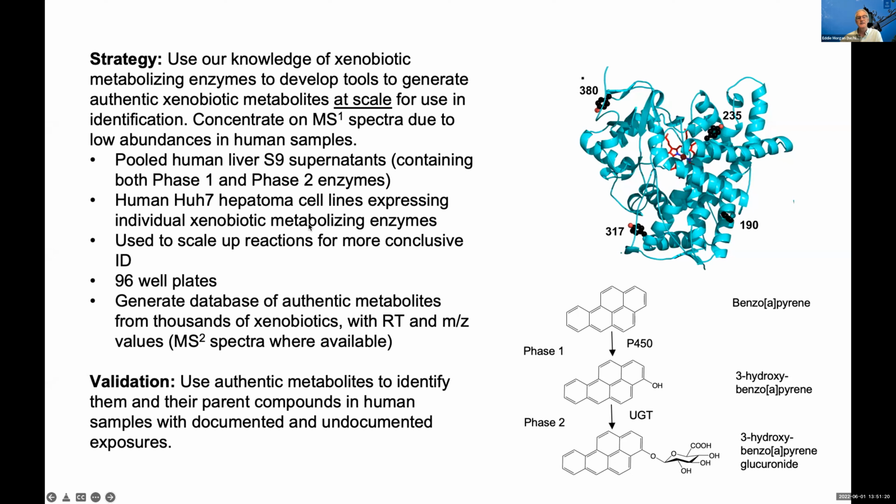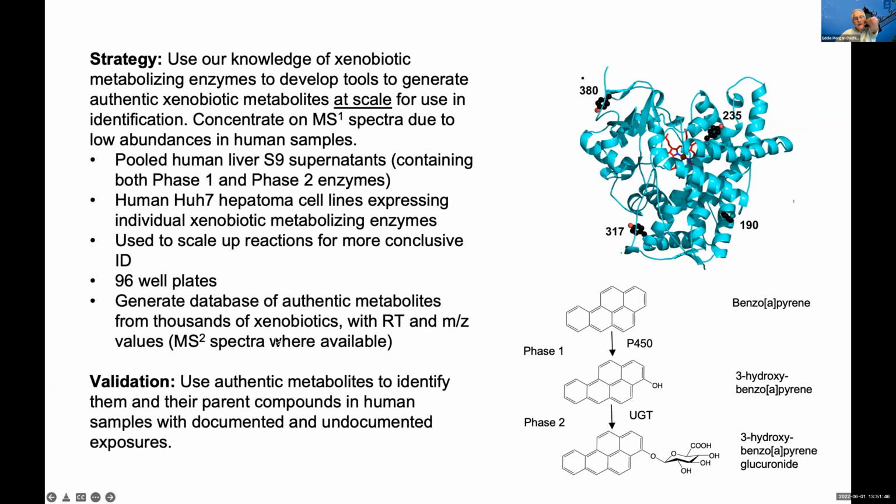And the idea was to generate tools to in turn generate a database of authentic metabolites from thousands of xenobiotics with retention time and MS1 spectra as primary values, but also MS2 spectra where available. And then go on to use these metabolites to identify them and their parent compounds in human samples with documented and undocumented exposures.